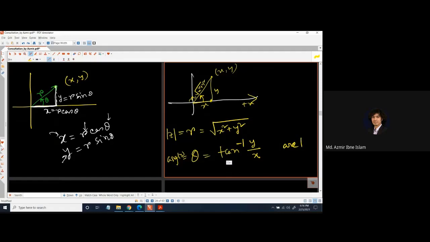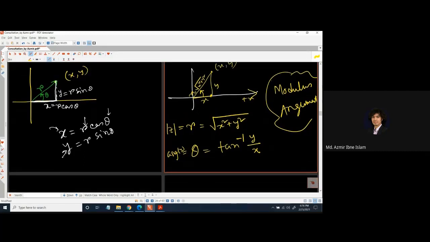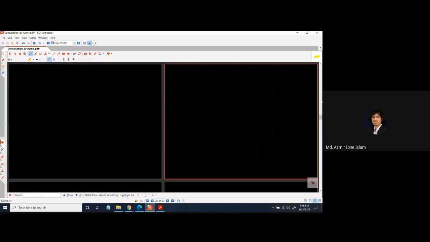That means, in short, we can also say tan inverse y over x. So these are the two formulas that we can apply to find modulus and argument. You all have these ideas already, but since we are beginners for this course, that's why I am going into details. Okay, so that's why I am taking time.